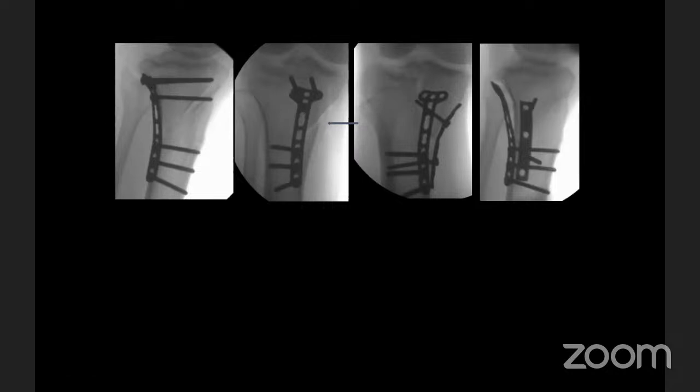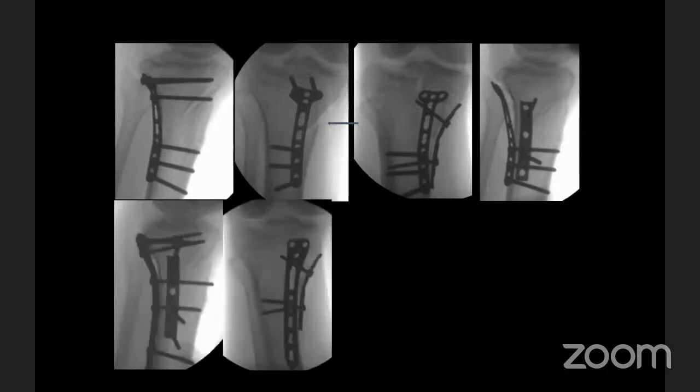The moment I remove the screw and reduce the varus, the plate is off. So I changed the plate, because now I cannot put this plate. I changed over from this T plate to a posterior middle locking plate. And I left that gap as it is by putting the locking screws.